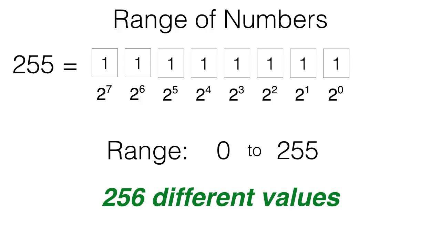That makes sense to you? By combining the pattern of ones and zeros for just these 8 individual bits, we can come up with 256 different values. That's the power of combining ones and zeros into a pattern.